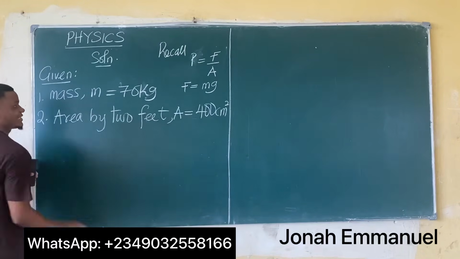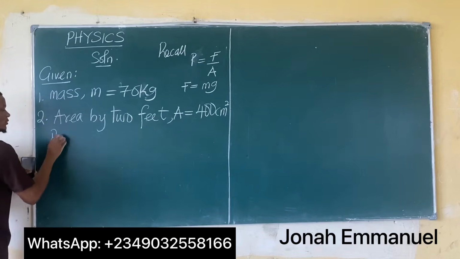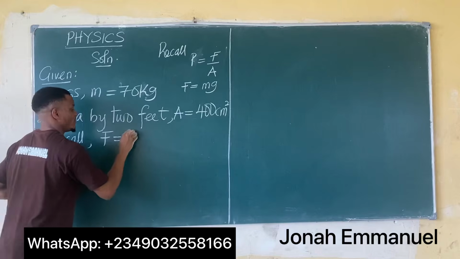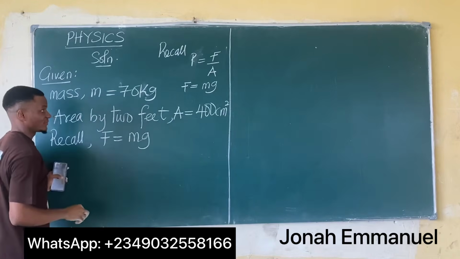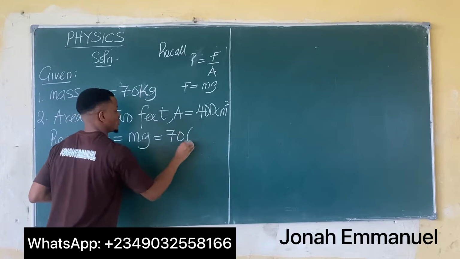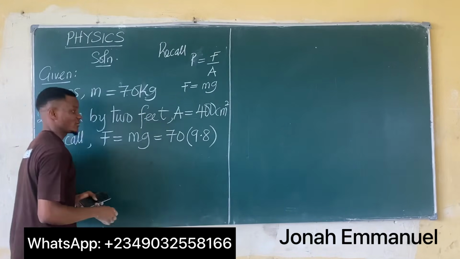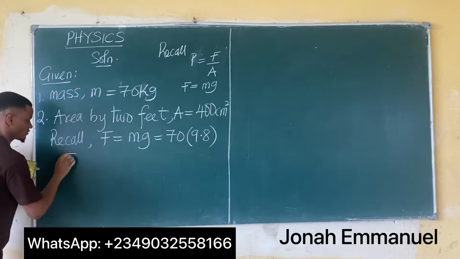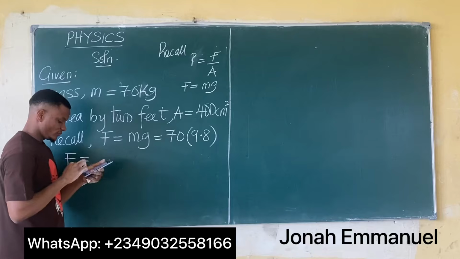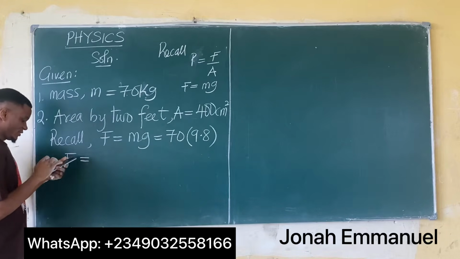So in this case, let's get force. So first of all, let's get force. Recall that force F is equal to mass times gravity, and that's equal to mass is 70 kg times gravity is about 9.8, the constant. So that means the force is equal to 70 times 9.8.